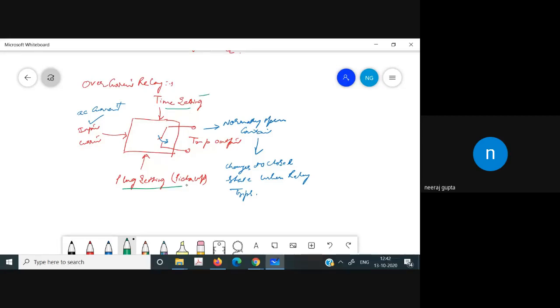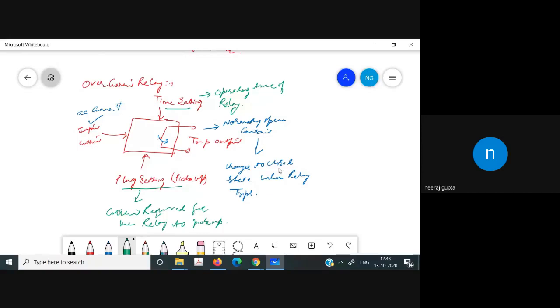The time setting decides the operating time of the relay, and the plug setting decides the current required for the relay to pick up.